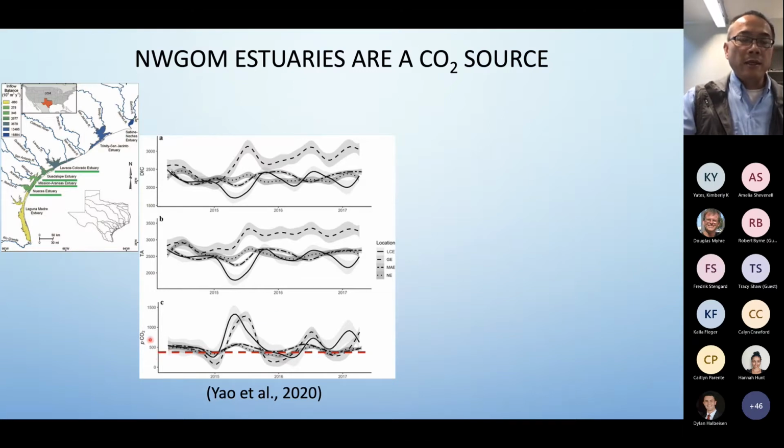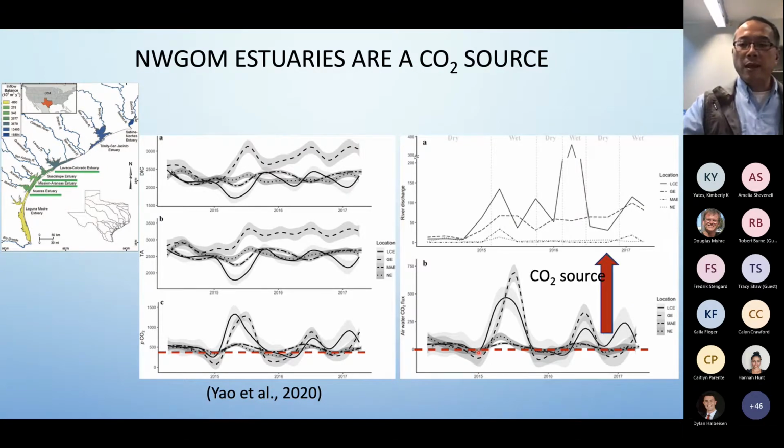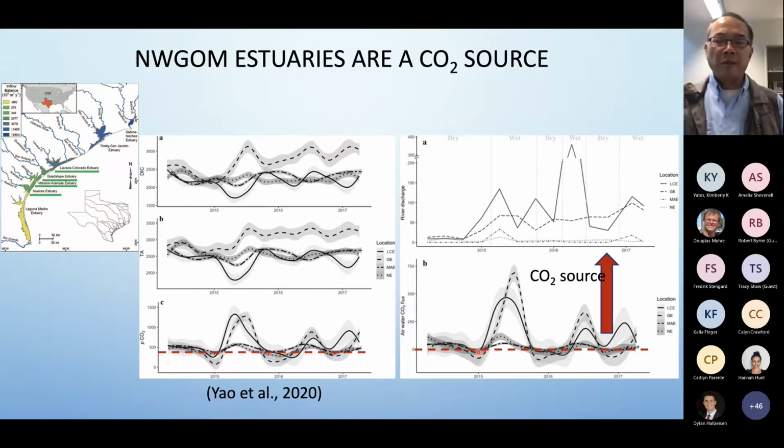You can see the pCO2 of these estuaries, and there are of course seasonal variations, but overall, for the most part, these estuaries have higher pCO2 than the atmosphere. At the same time, if you look at the fluxes that we calculated, where this is 0, you can see over time these estuaries have greater or positive flux from the water to the air. We know for a fact that these estuaries, overall, are a CO2 source to the atmosphere.